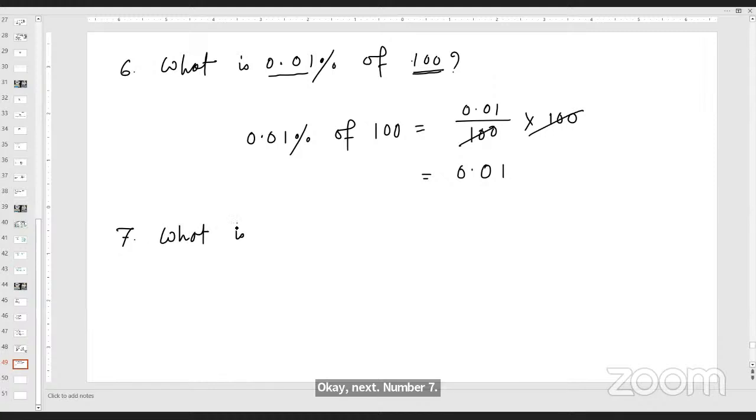Okay, next, number 7. What is 0.001% of 0.01?